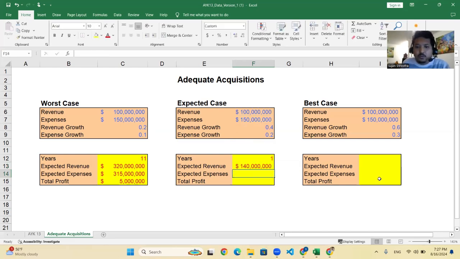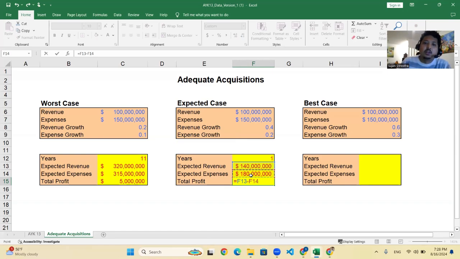And for the expected expense, it is equal to expense plus expense multiplied by the expense growth multiplied by the year. So this will be the expected expense. Total profit will be the revenue minus expected expense.